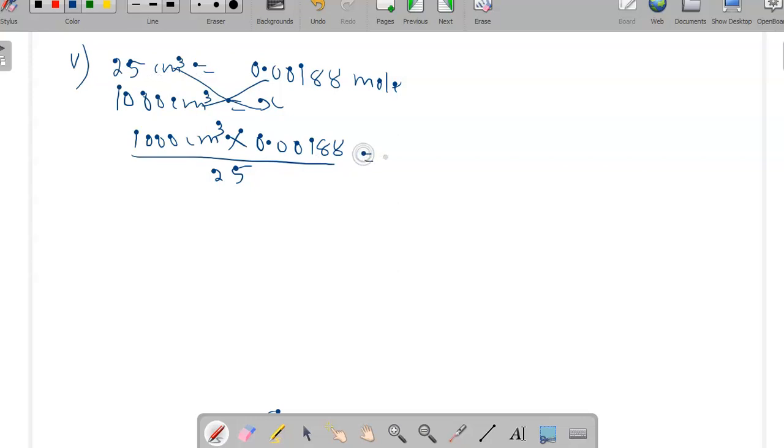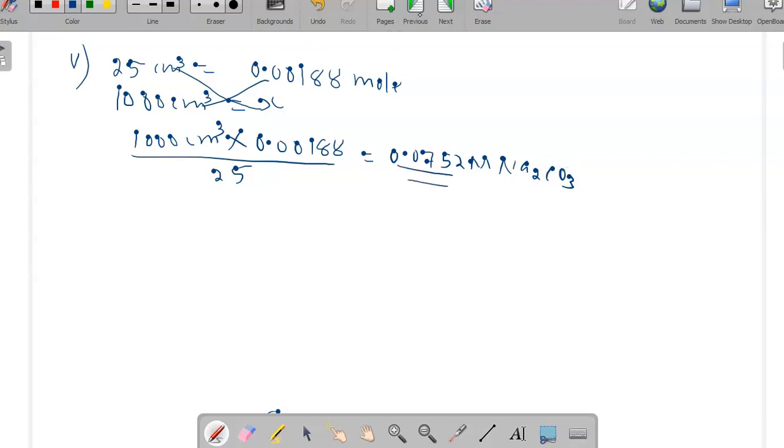Then you get here 0.0752, yes, 0.0752 molar of which solution? Sodium carbonate. So that's the molarity of sodium carbonate.